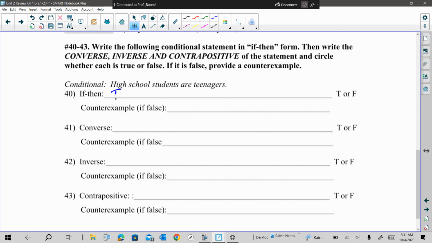So if what? How would I write high school students are teenagers? Yeah. Okay, if you are a high school student, so I'll put HS for high school student, comma, then you are a teenager.